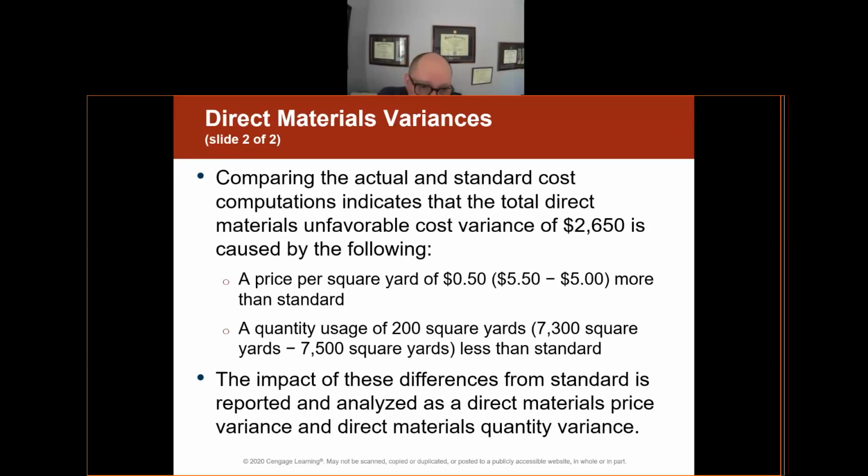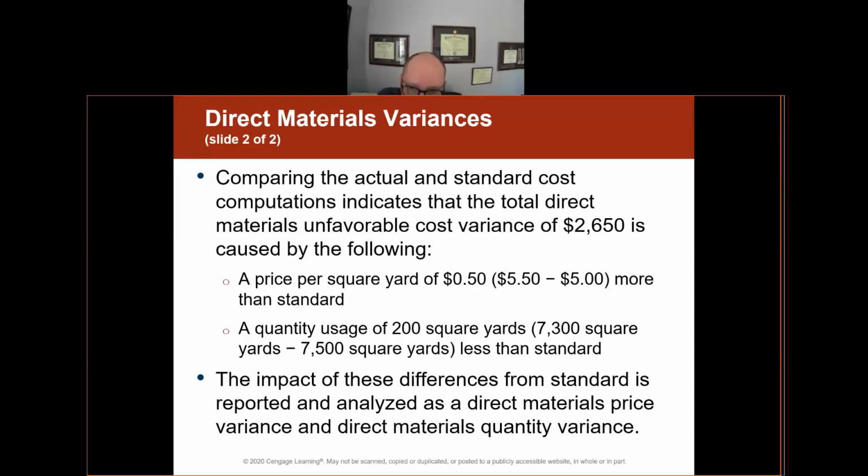However, looking at the quantity used, I used 200 fewer square yards than the standard. That is a favorable variance for the quantity. So unfavorable variance for the price, because my actual was greater than the standard, and a favorable variance for the quantity, because my actual was less than my standard.